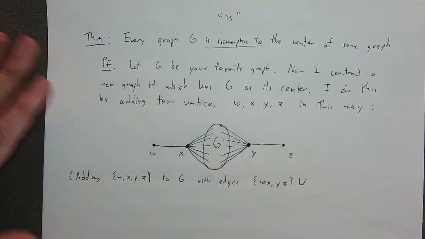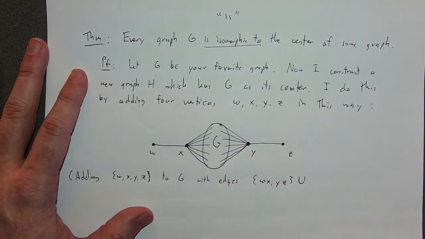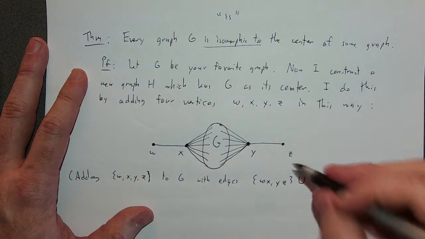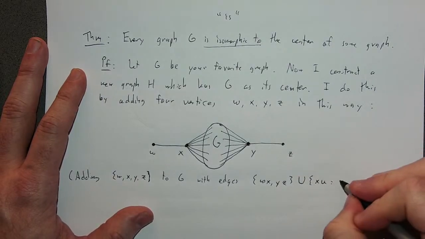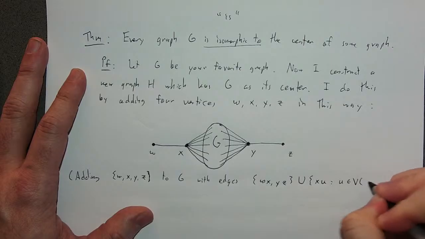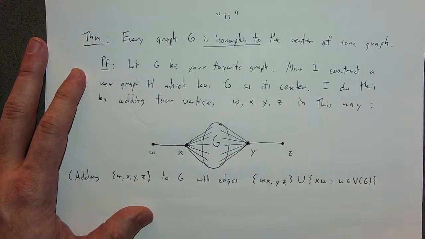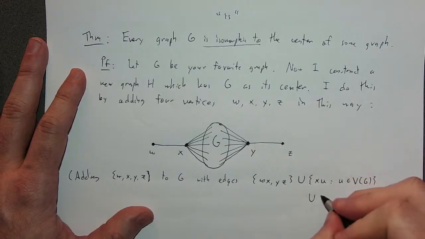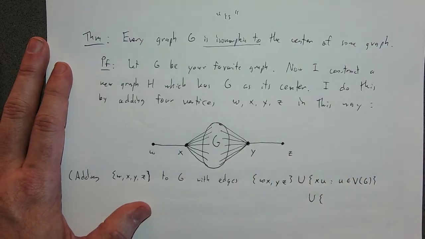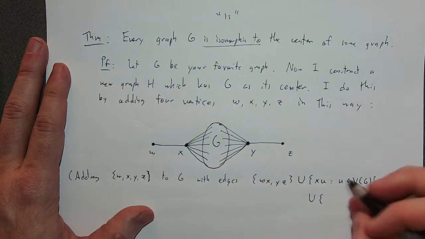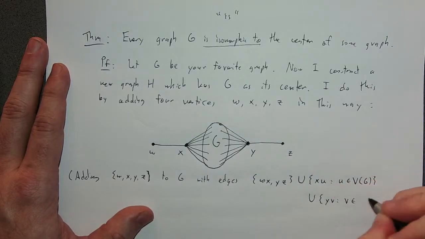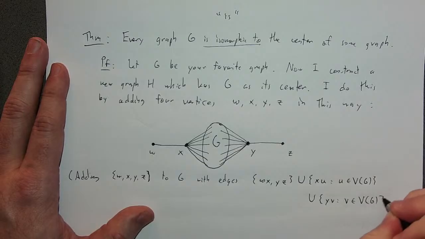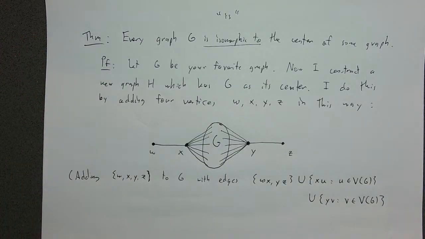Also, every edge connecting X to a vertex in G. So this is the collection of edges that look like XU, such that U is a vertex in G. And then I union that with the collection of every edge, say YV, where V is a vertex in G. And that's it.